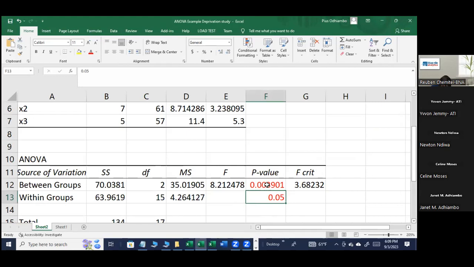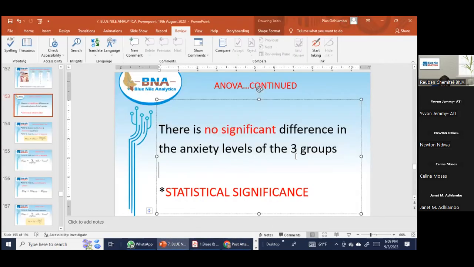And because of that, we talk about there is significant difference. So in our statement that we have here, we are going to reject this statement because it is saying there is no significant difference, but our results are showing that there is significant difference.